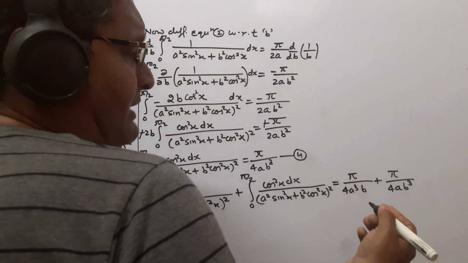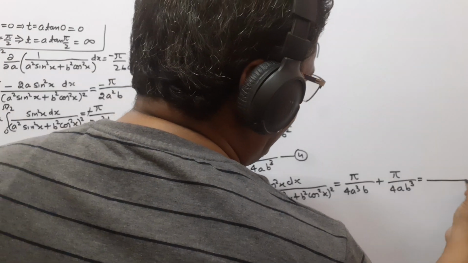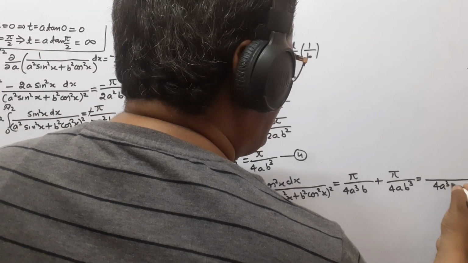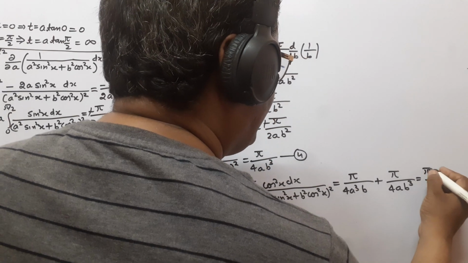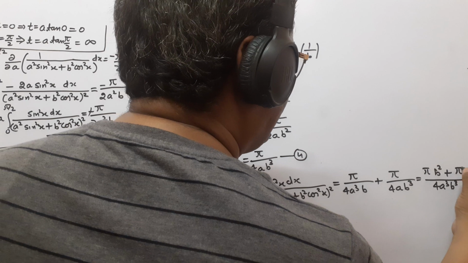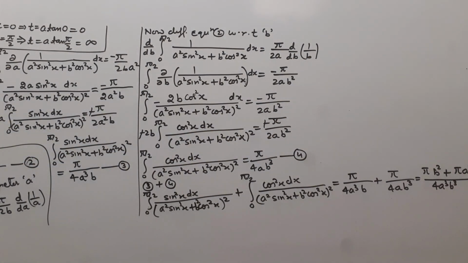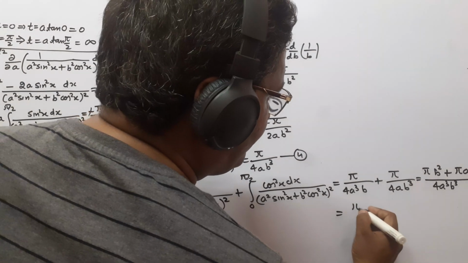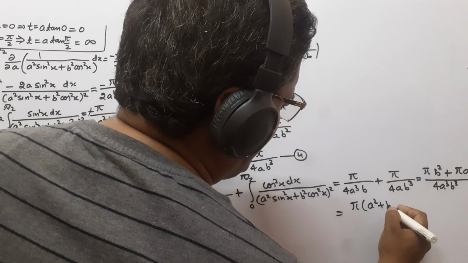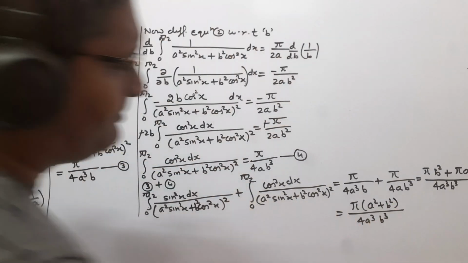Now on the right-hand side, if we take the LCM, that is 4a³b³, here we get πb² plus here πa². Now in the numerator we take π common, so this becomes π(a² + b²)/(4a³b³).